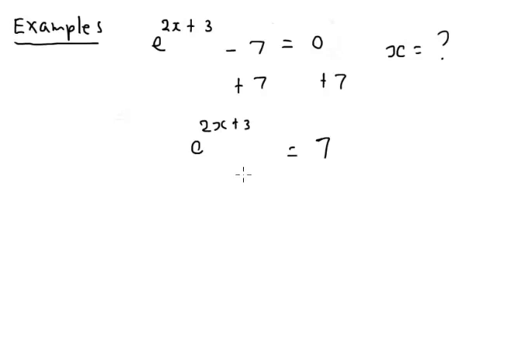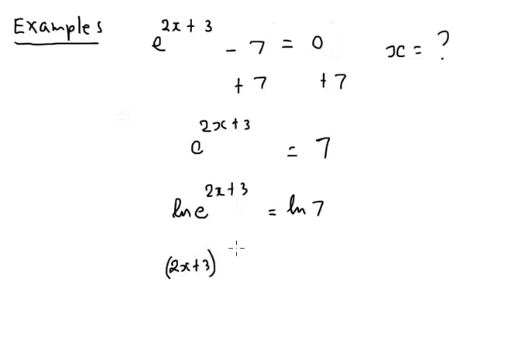Now, the next thing, what can we do? We can apply ln now. Say ln of e to the power 2x plus 3 equals ln of 7. Already this is going to be a decimal number, isn't it? Okay. Then what you need to do now? Use that property. Then get 2x plus 3.